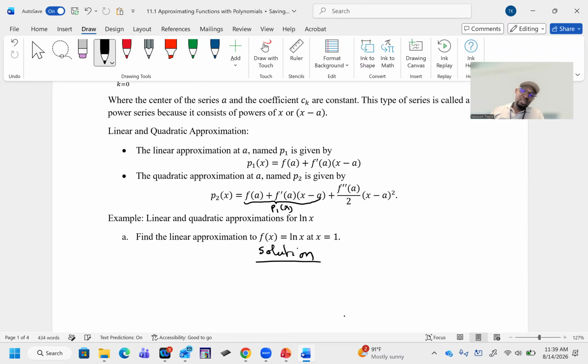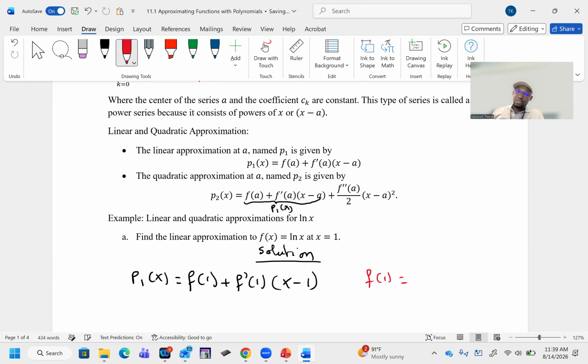I like to always write my formula down so I know what I have to look for: f of 1 plus f prime of 1 times x minus 1, right? So we need to know f of 1. f of 1 will be equal to ln of 1, which is 0.